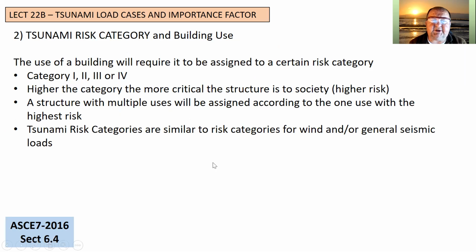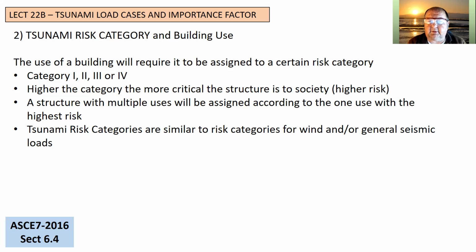So my second question had to do with, so the first question is, is my building located in that inundation distance? Second question is, well, what's this building being used for? And so the building code uses what they call the tsunami risk category, which is based on what type of activities are going on inside the building. And it groups buildings into 4 different categories, 1, 2, 3, or 4.